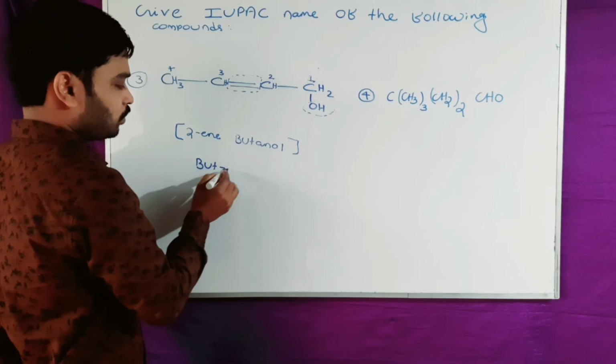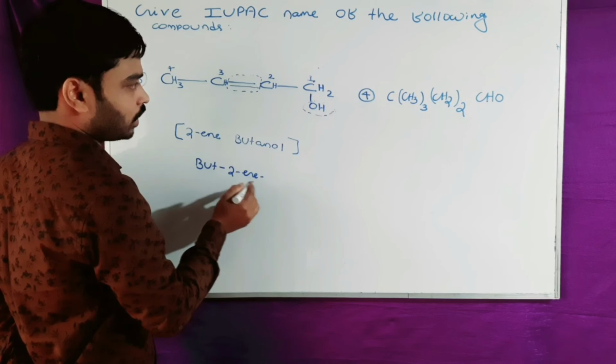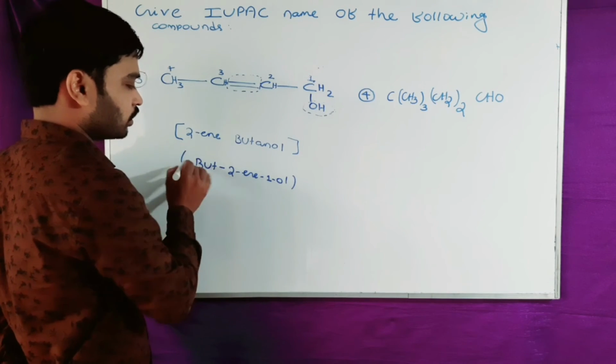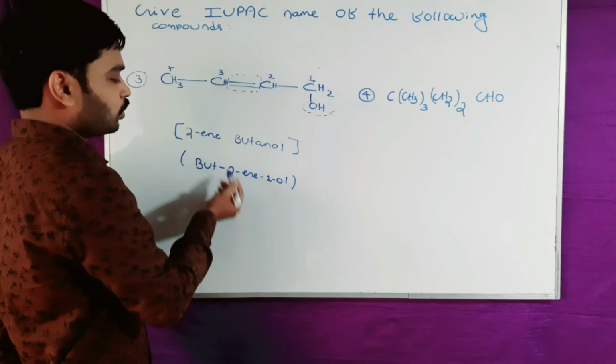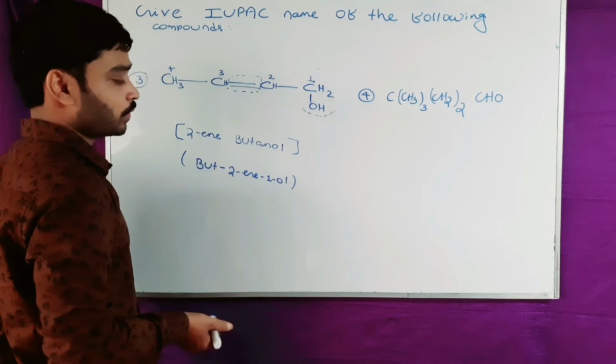You can also write 2-ene, but-2-en-1-ol.